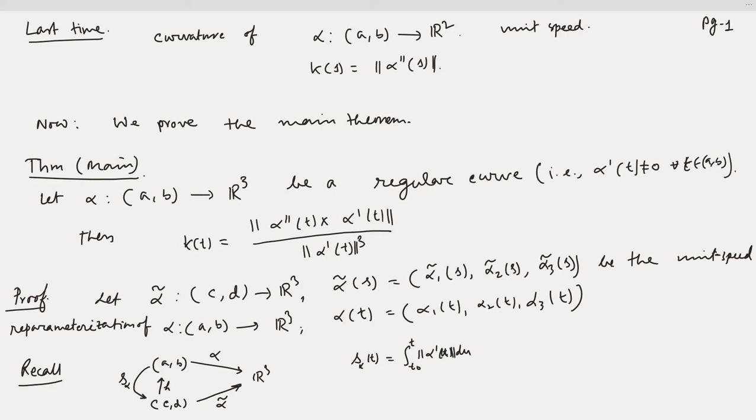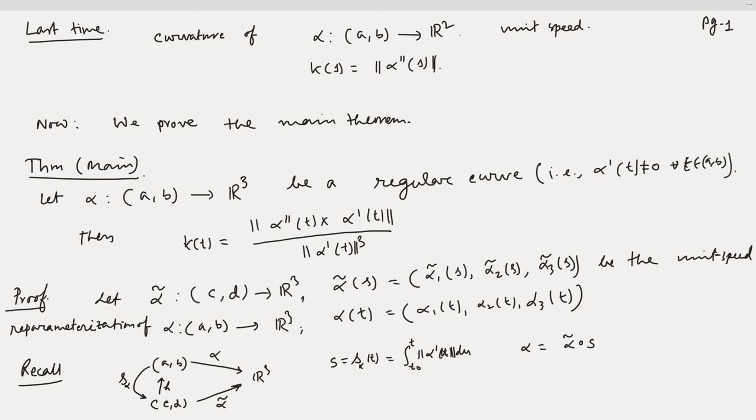Therefore, instead of s alpha let us write s, and alpha equals alpha tilde, the unit speed reparameterized curve, composed with s, because h is the inverse of s.